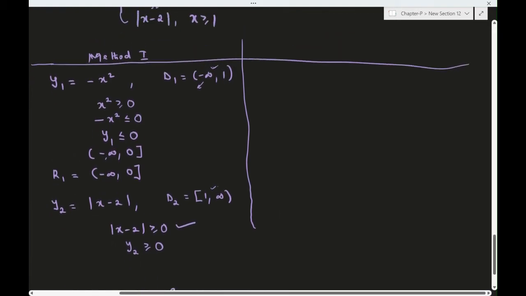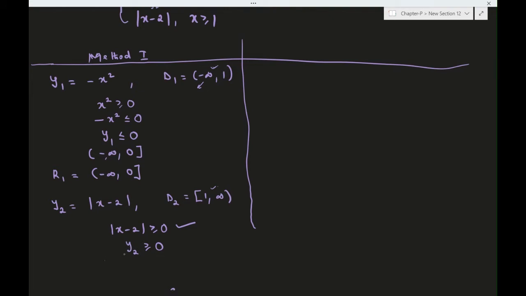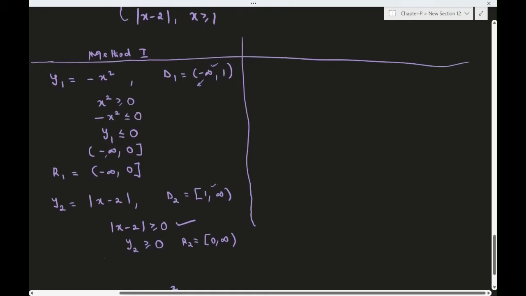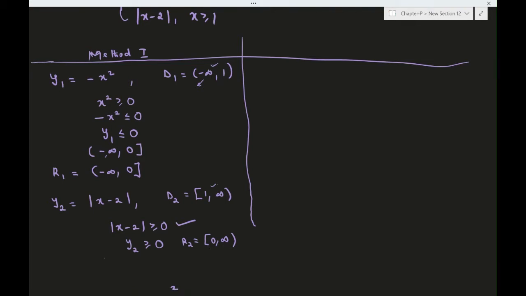So what does that mean? It means the range for y2, our R2, is just going to be from 0 to infinity. Is that okay? So we're done. We have R1 coming from the first piece, and R2 coming from the second piece.